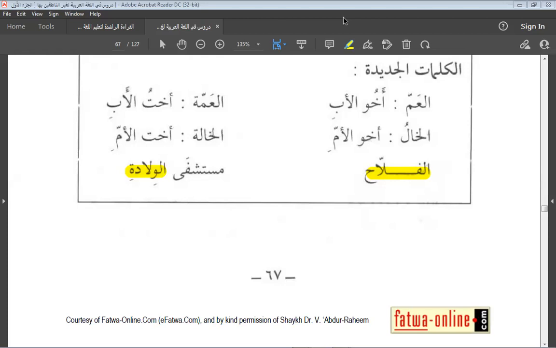It says: التائبون العابدون الحامدون السائحون الراكعون الساجدون الآمرون بالمعروف, and then it starts والناهون عن المنكر والحافظون لحدود الله وبشر المؤمنين. From والناهون, the rest takes the wow. So when you get to the seventh one, the eighth one will take the wow, and then from there on you start giving them the wow.